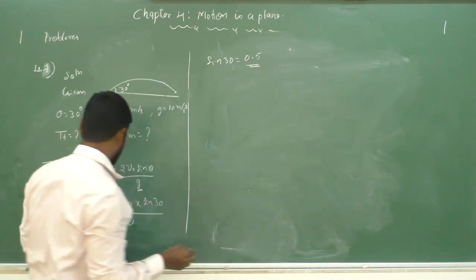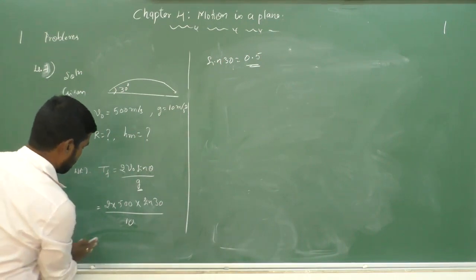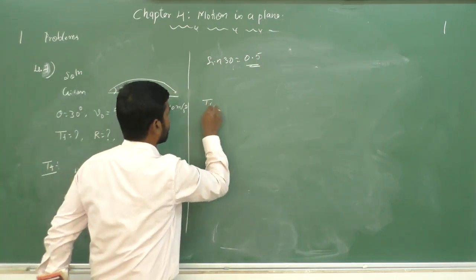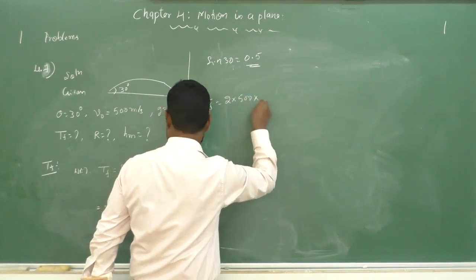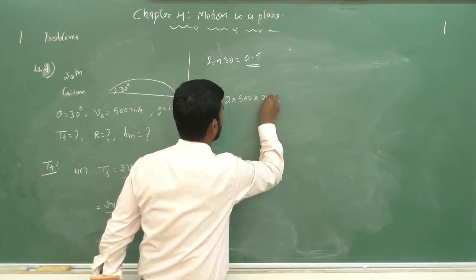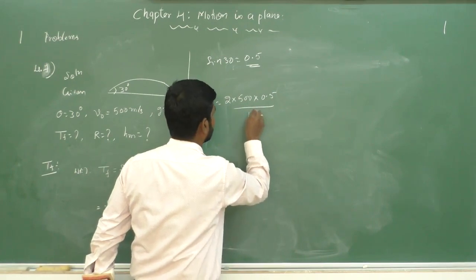Okay, substitute in this equation. What is that equation? TF is equal to 2 into 500 into 0.5 divided by 10.